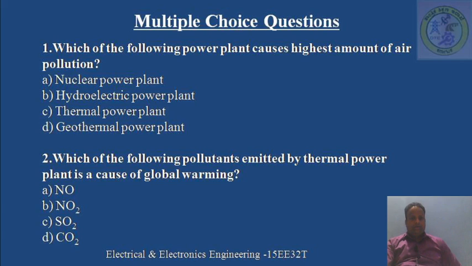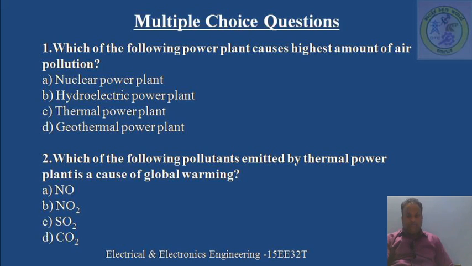Thermal power plants contribute more air pollution. The major pollution from thermal power plants is air pollution. Therefore, geothermal power plant is also wrong, and the correct answer is thermal power plants, where the highest amount of air pollution occurs.